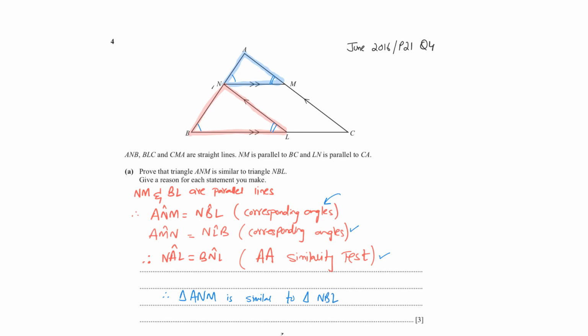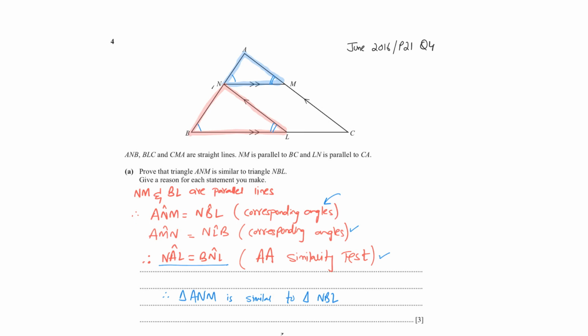Because also the third angle would be equal: if two corresponding angles are equal in the two triangles, then the third angle can be found by adding the two angles in one triangle and subtracting from 180 degrees, because the total sum of a triangle is 180 degrees. Therefore the third angle must come out to be the same.